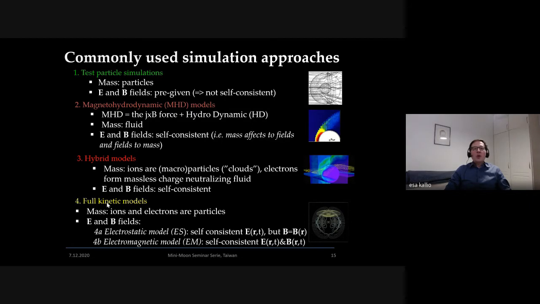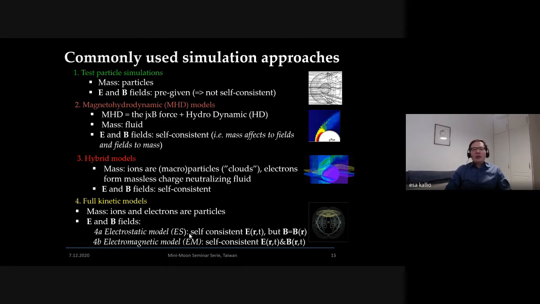And then if you go to the full kinetic model, as I mentioned, ions and electrons are both particles. Then there are different kinds of approaches and different kinds of models for full kinetic models. One is electrostatic models. As we heard in the previous presentation, there is electrostatic noise.